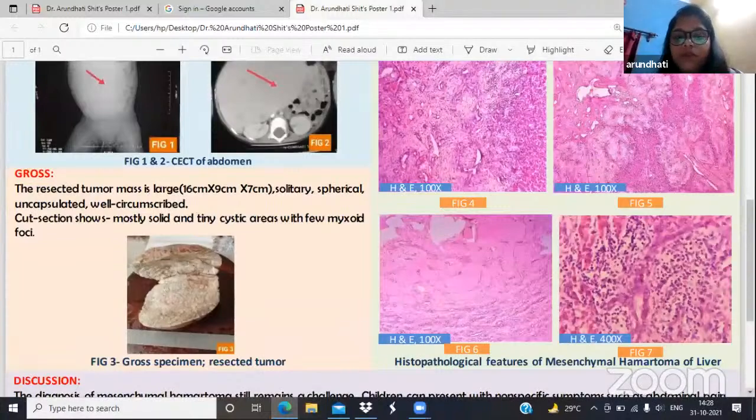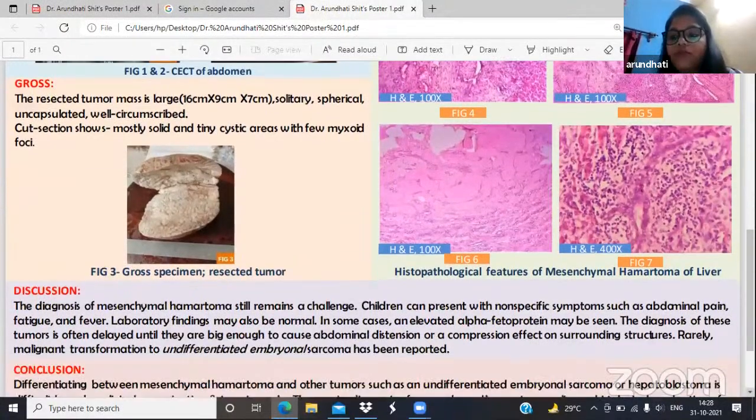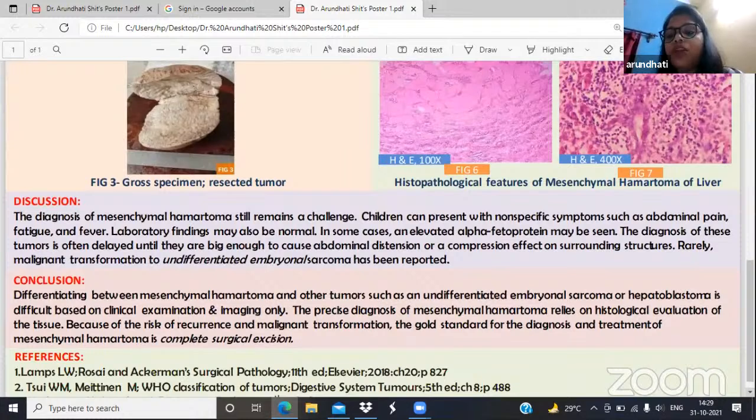The diagnosis is very difficult due to its non-specific clinical symptoms and no definite laboratory parameters. In some cases, elevated alpha-fetoprotein may be seen. The tumor diagnosis is delayed because they are big enough to cause abdominal distension or a compression effect on surrounding structures. In some rare cases, malignant transformation to undifferentiated embryonal sarcoma has been reported.